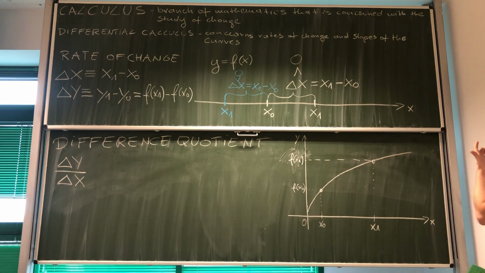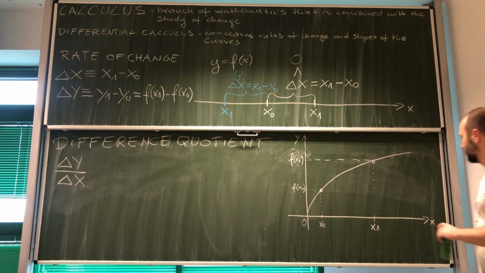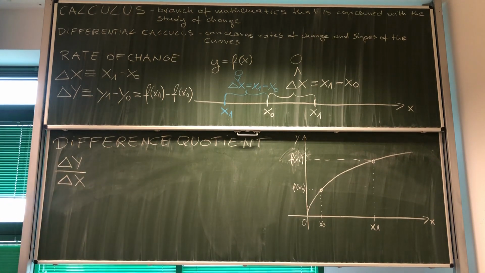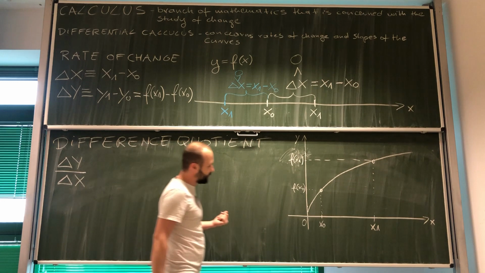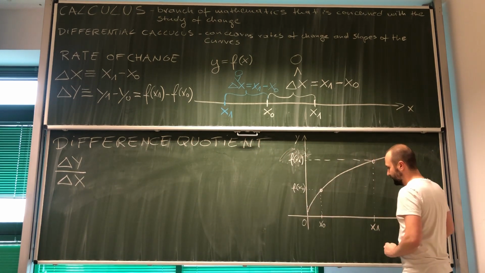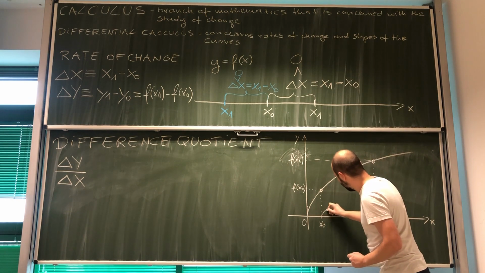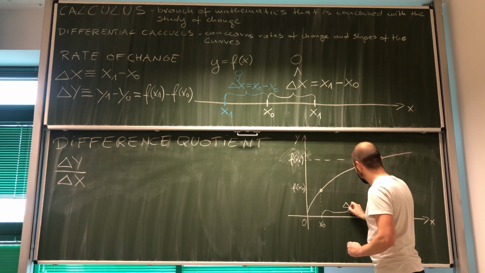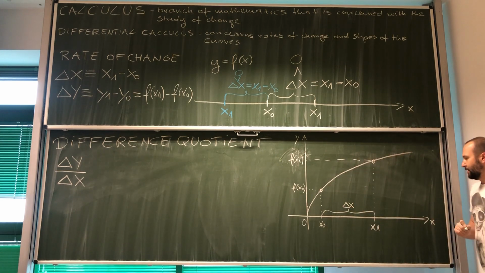But look, as it turns out, we can write x1 in a different way. Look, how do we get this? What is the difference between those two? Well, over here we've got delta x.